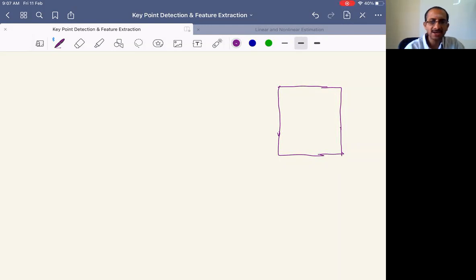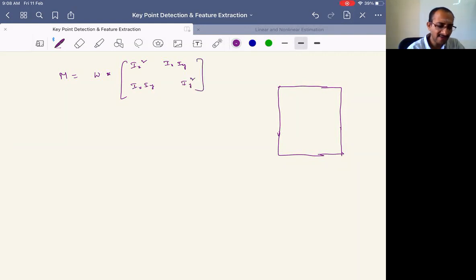a function of the determinant and trace of the matrix M, and M comes from the gradients Ix, Iy, and the convolution or correlation of gradients with an averaging mask or Gaussian weights. So you should be able to calculate M, which is W convolved with Ix square, Ix Iy, and Iy square.